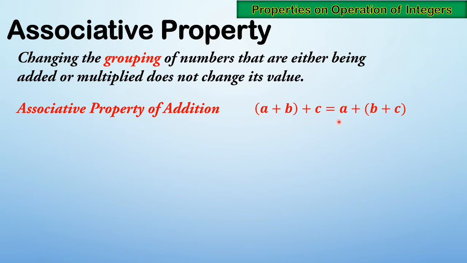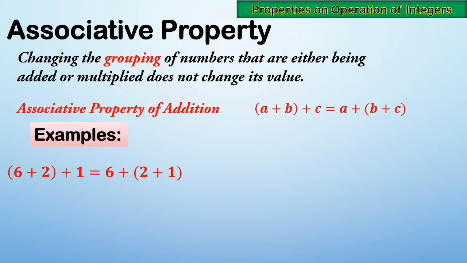Is equal to A plus B plus C, na nakagrupo naman ay si B at saka si C. Kahit pa ganyan, the same pa rin yung sagot. That is associative property.